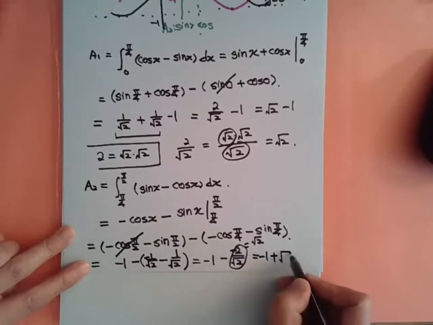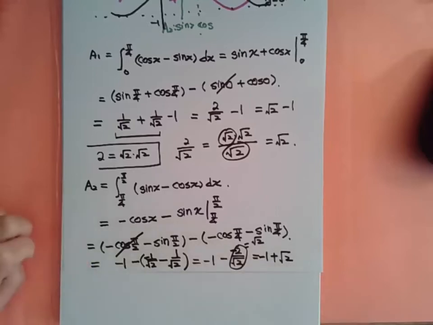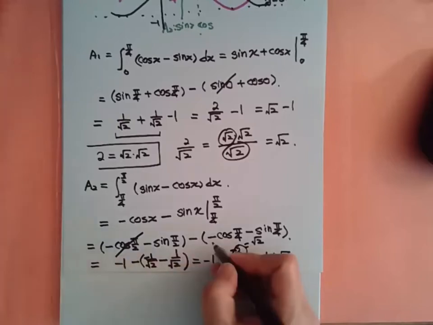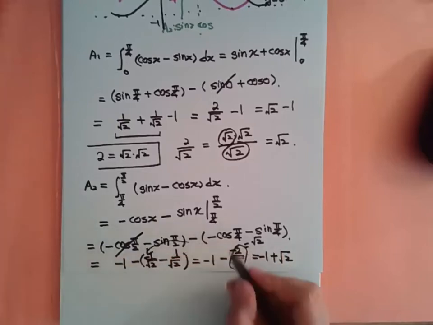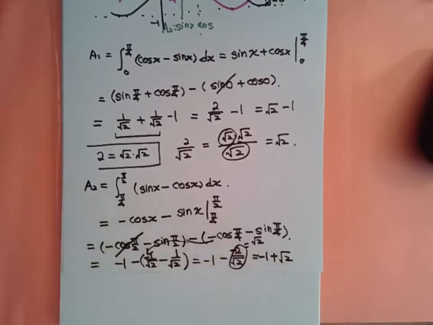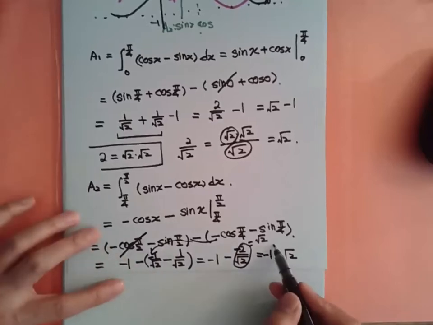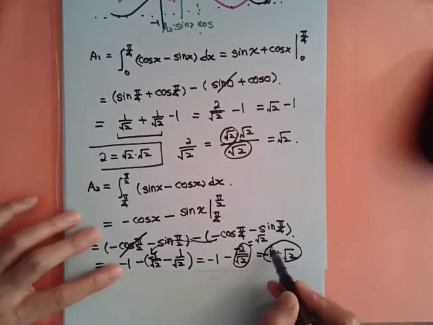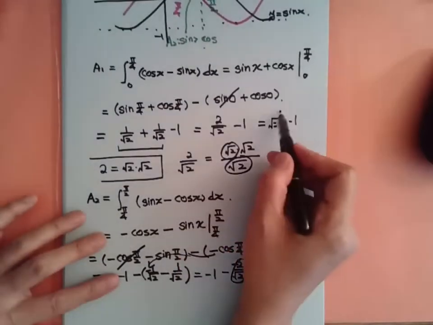So square root of 2. Minus 1 plus square root of 2. This minus came from here. Obviously, this is greater than 0, and also this is greater than 0.